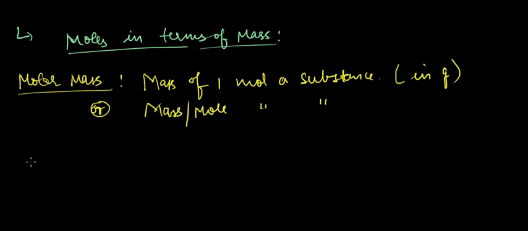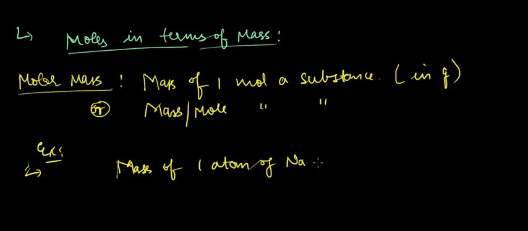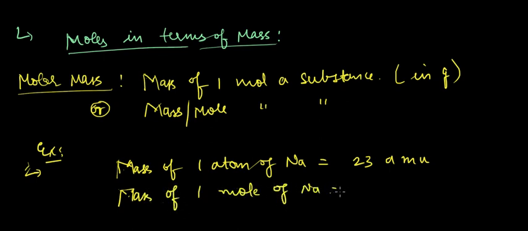So let's now see an example of the same. The mass of one atom of Na is 23 AMU, and the mass of 1 mole of Na is 23 grams.